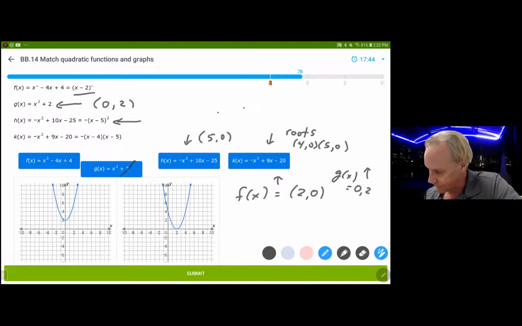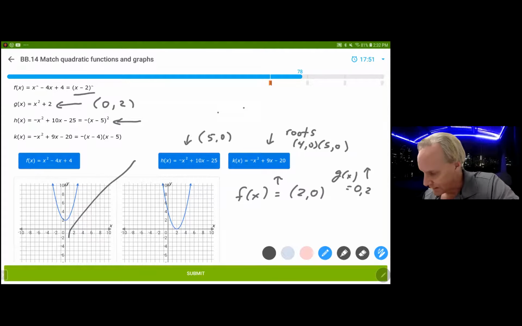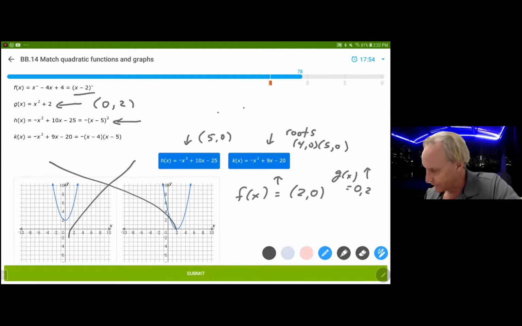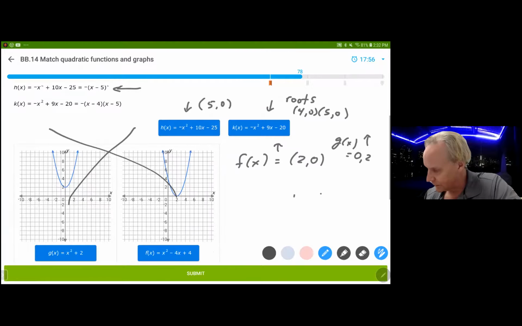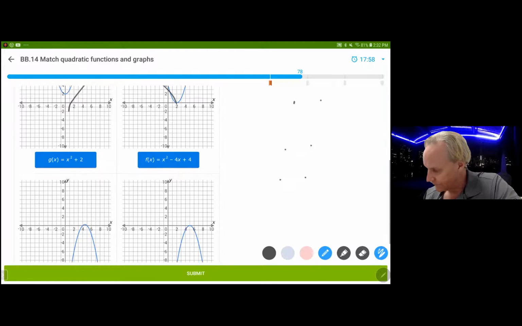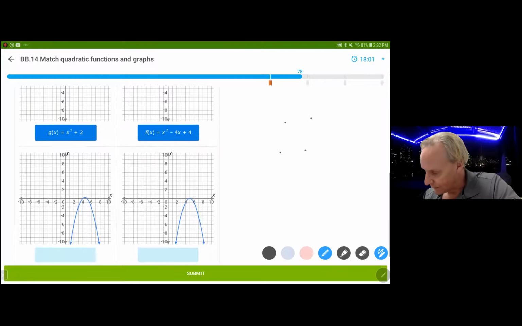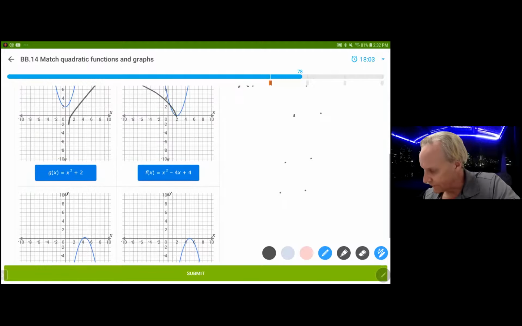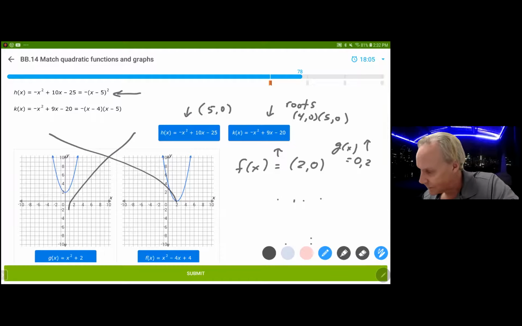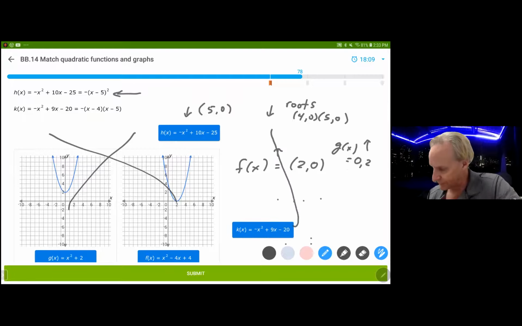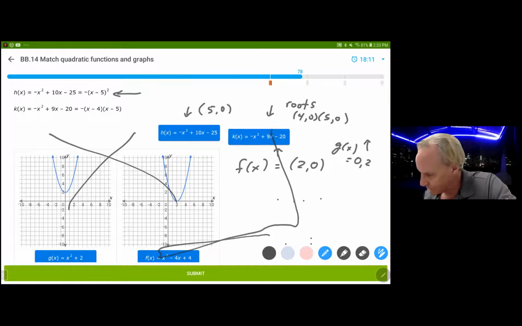This one is the x squared plus 2. This one is that f of x, the (2, 0). There it is. And then our other two, looks like 4 and 5 are the ones on the left. So this one is my 4 and 5, which is the one on the left over here. Man.